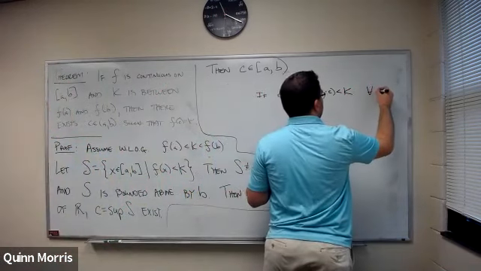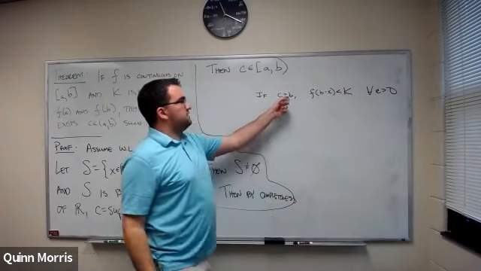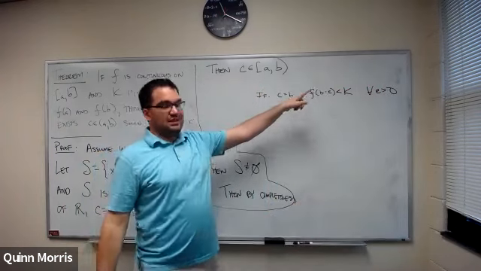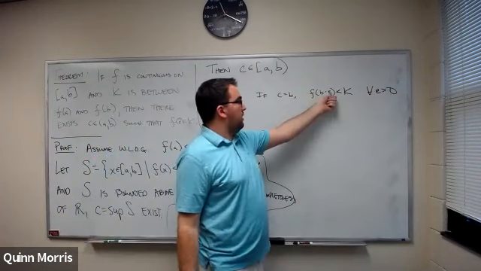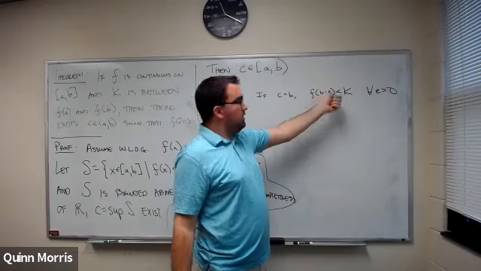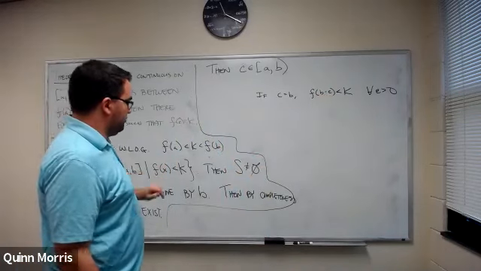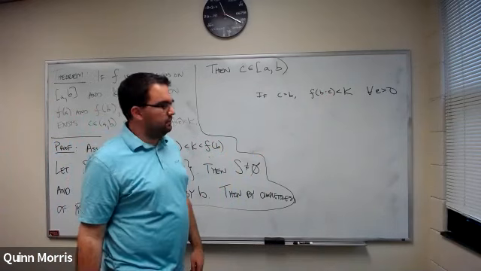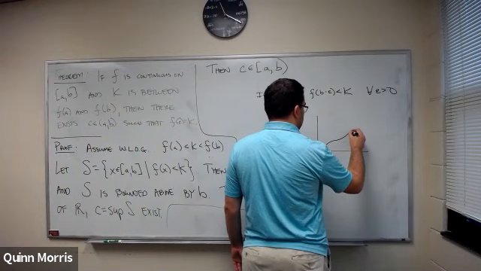So this has to be true for every epsilon greater than 0, because this supremum is the least upper bound. Since it's the least upper bound, if you come down off that upper bound at all, then you're back in your set, and in this set, f of that value would be less than K.